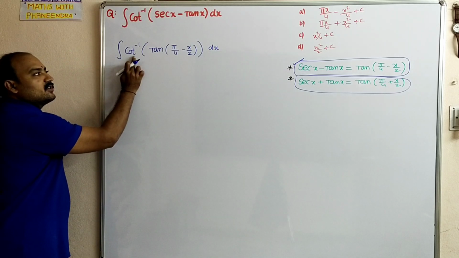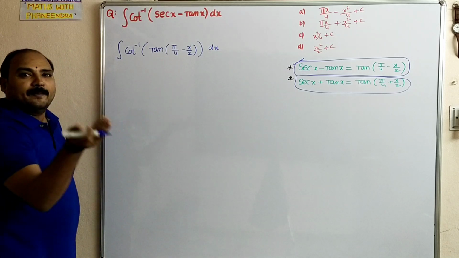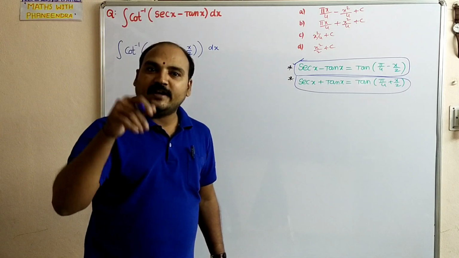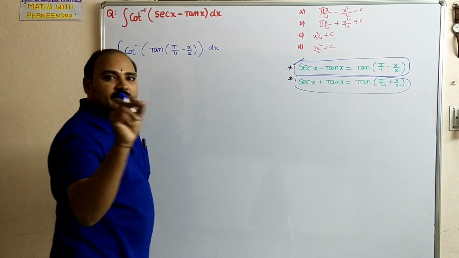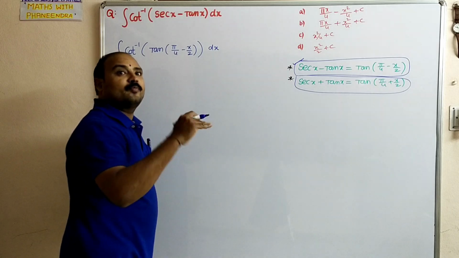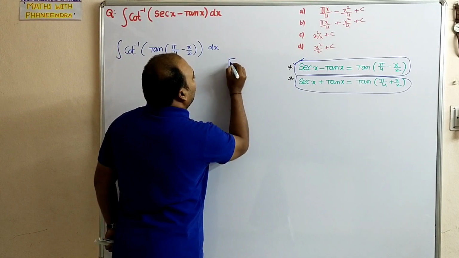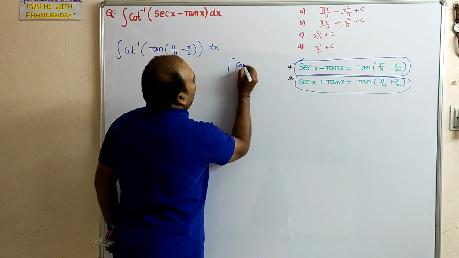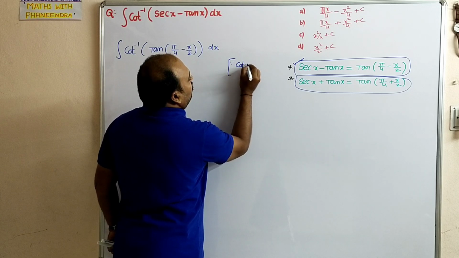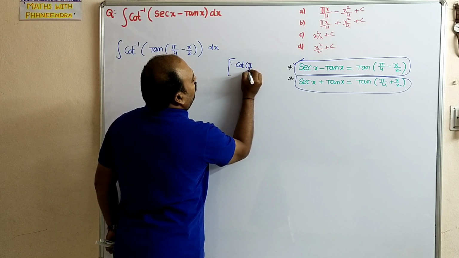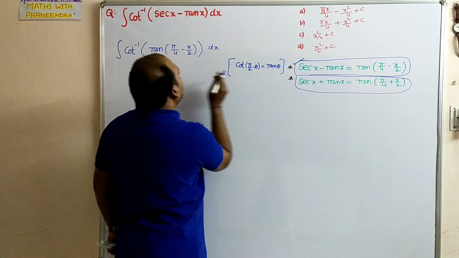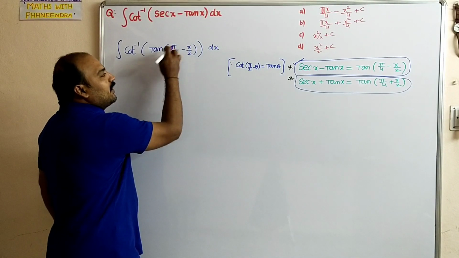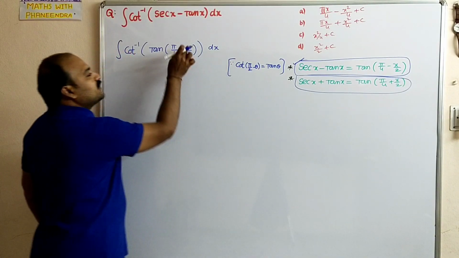Whenever cot inverse is there, you have to convert the bracket value in terms of cot. So it is in the form of tan theta. Tan theta can be written as cot of pi by 2 minus theta. Cot of pi by 2 minus theta equals tan theta. So this is tan theta now, and this value can be written as cot of pi by 2 minus theta.